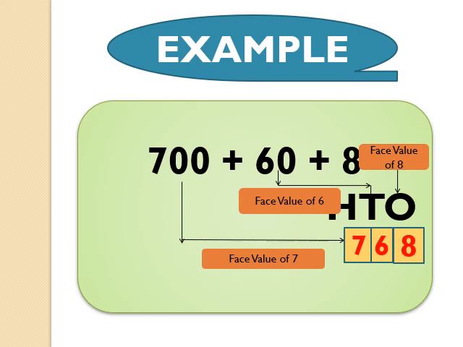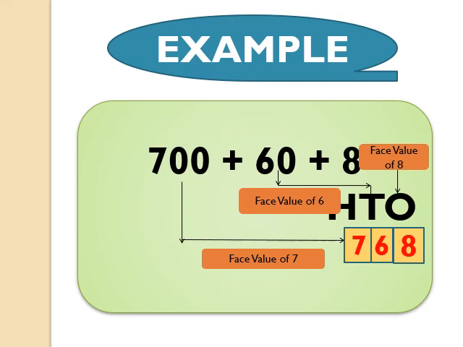Now let us start. The face value of 7 is 7 and it is written under hundreds place because its place value is 700. Now next is 60. The face value of 6 is 6 and its place value is 6 tens, so it will come under tens place.